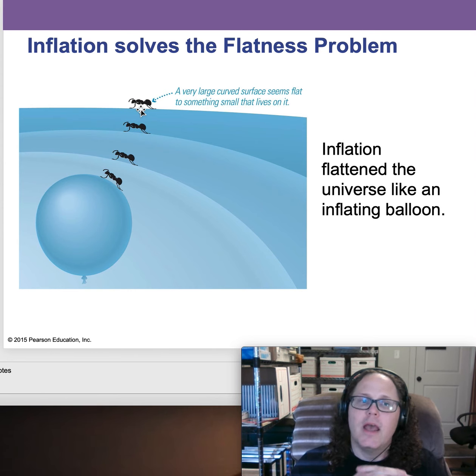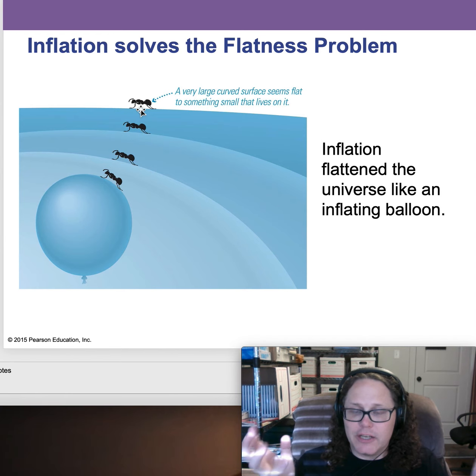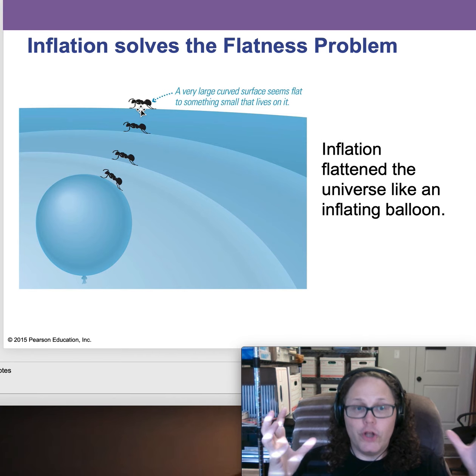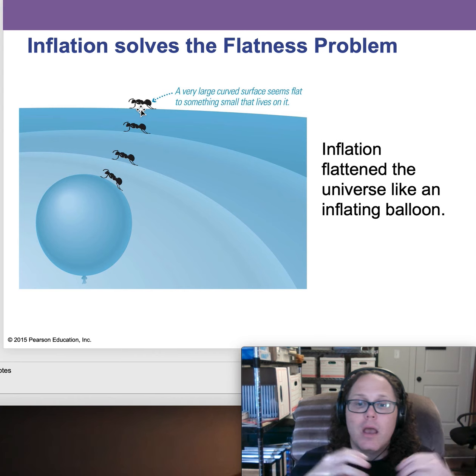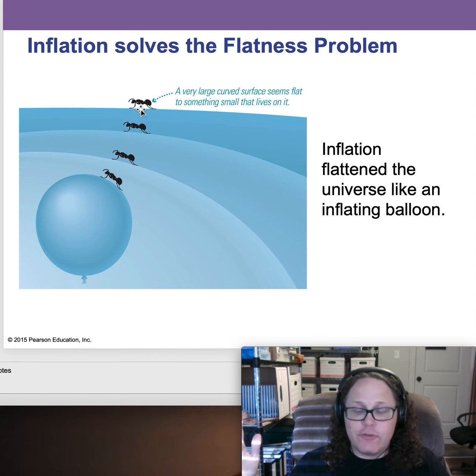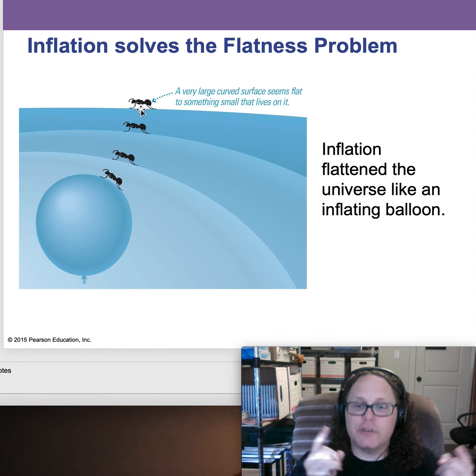Likewise, inflation solves the flatness problem of the universe. What it says is the universe, the global universe, everything that exists might be open or closed, but it inflated so much that the part we can see with our telescopes is very close to flat.